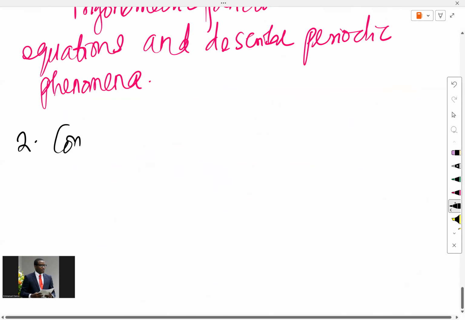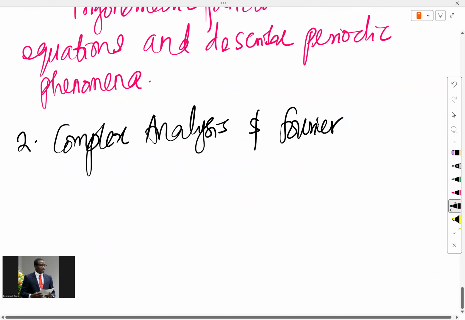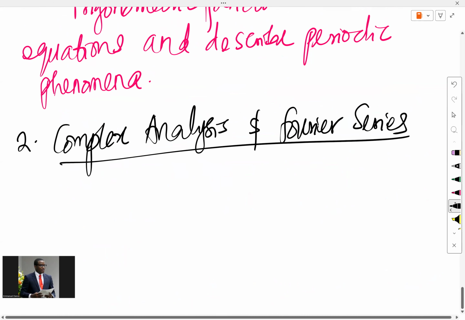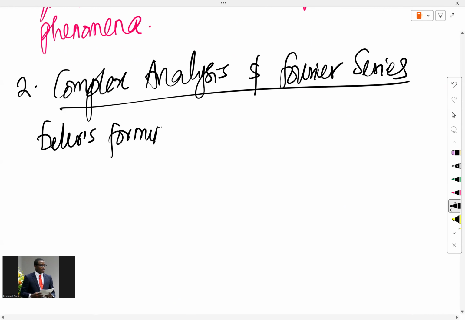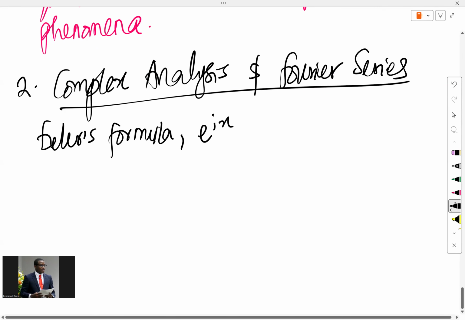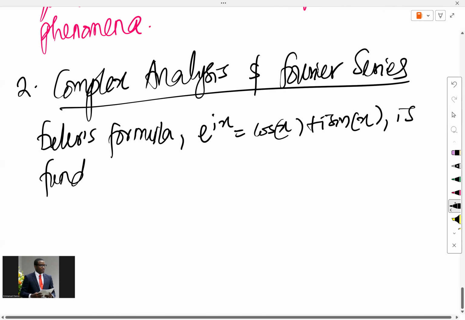So let's talk about complex analysis and Fourier series. Here, Euler's formula, like we saw before, which is e raised to power ix equals cos x plus i sine x, is fundamental in complex analysis.